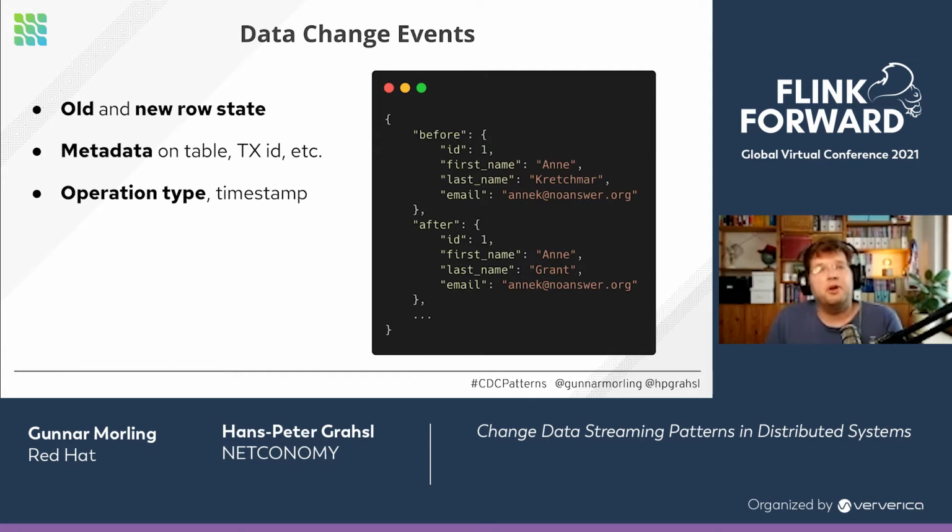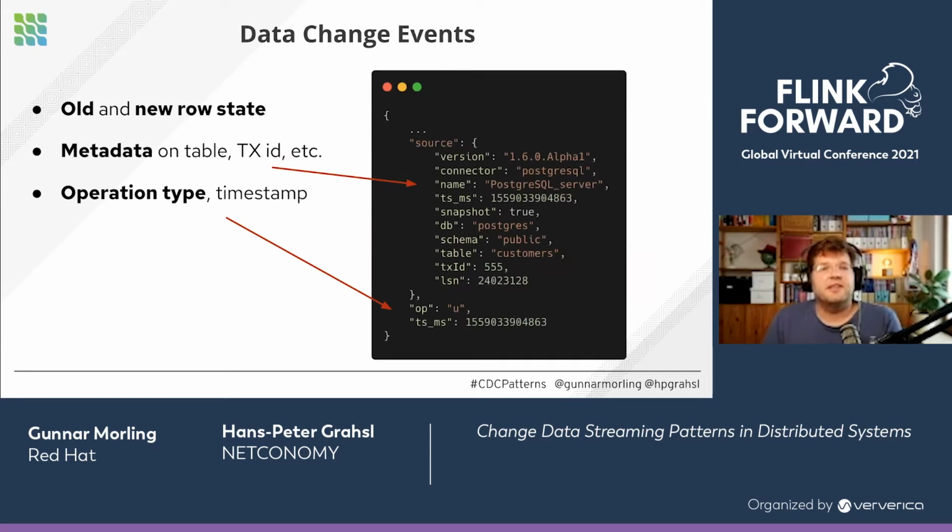Within those 2 blocks, you will have a structure which resembles the table you're capturing. So for each column in your table, in your relational database, there would be a field within those before and after blocks. Now, if this is an insert event, we would not have a before, right? Because a newly created record just has a new after state. So that's before and after. We see those here.